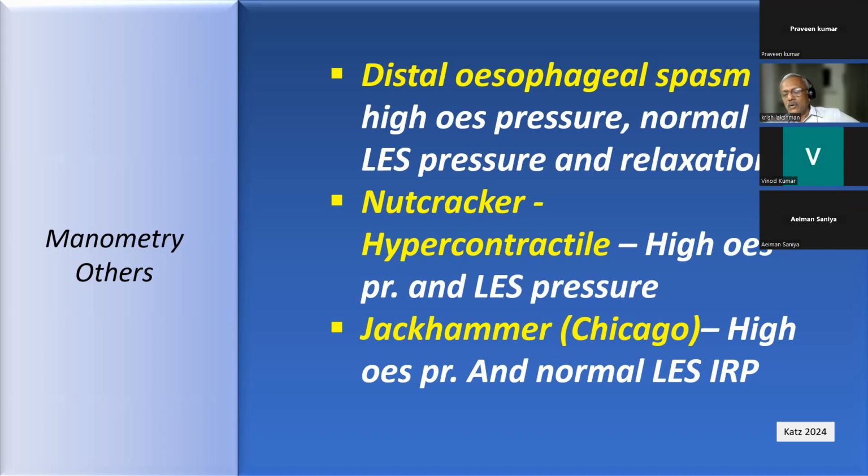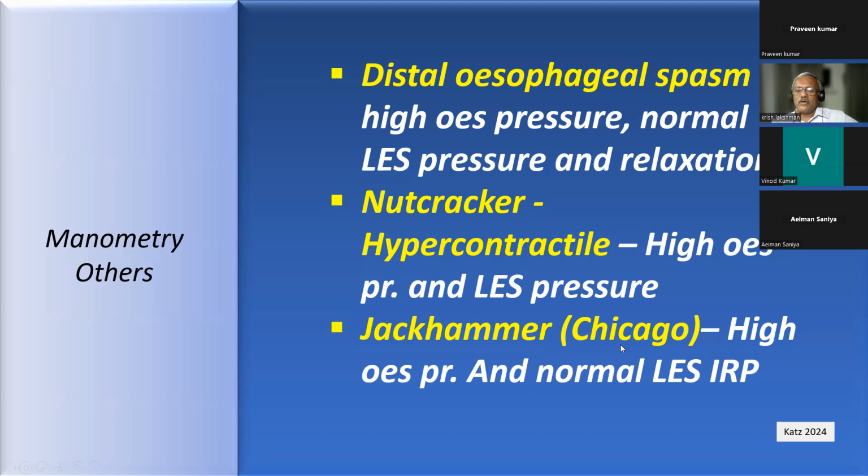All the others other than achalasia, you expect no problem with the LES. In nutcracker, also called hypercontractile, there is high esophageal pressure and high LES pressure. Relaxation per se may not be a problem, but pressure will be high.